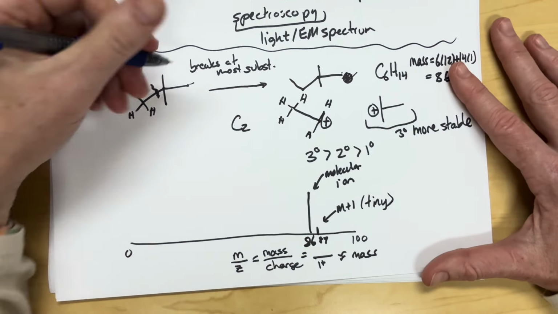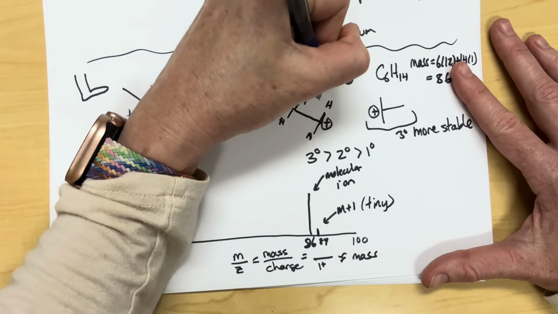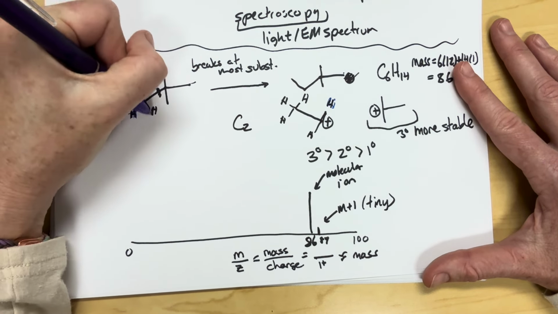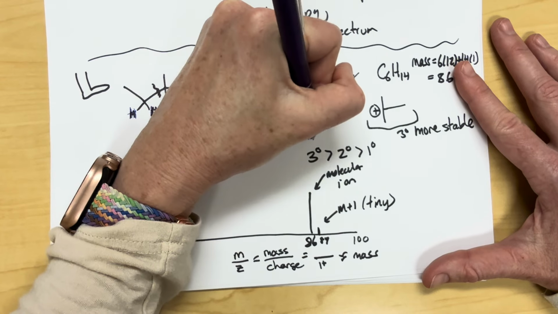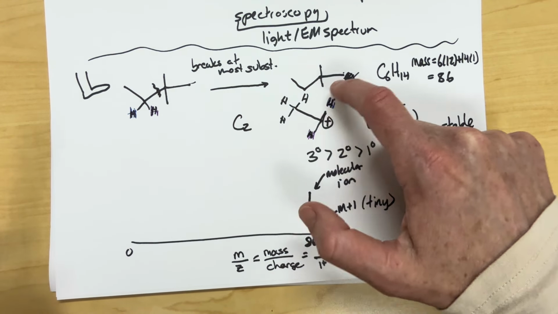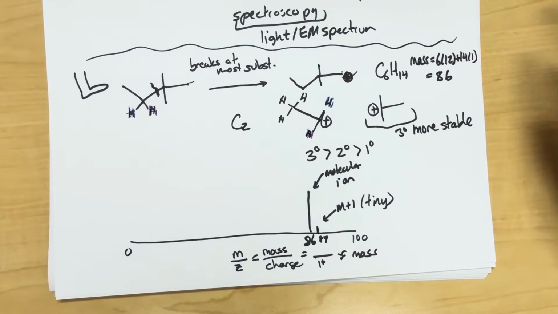That's these two. Let's make that one blue. Let's make this one purple. But there's nothing else there, okay? So this carbon has 3 bonds and no other electrons there. That's why it's a positive charge.